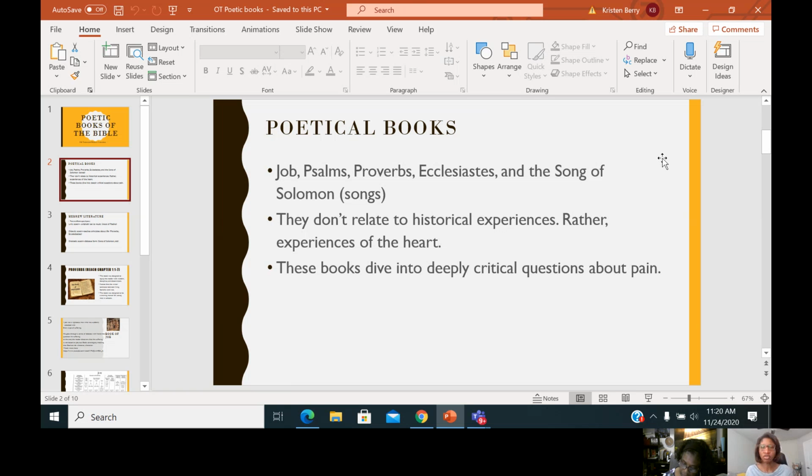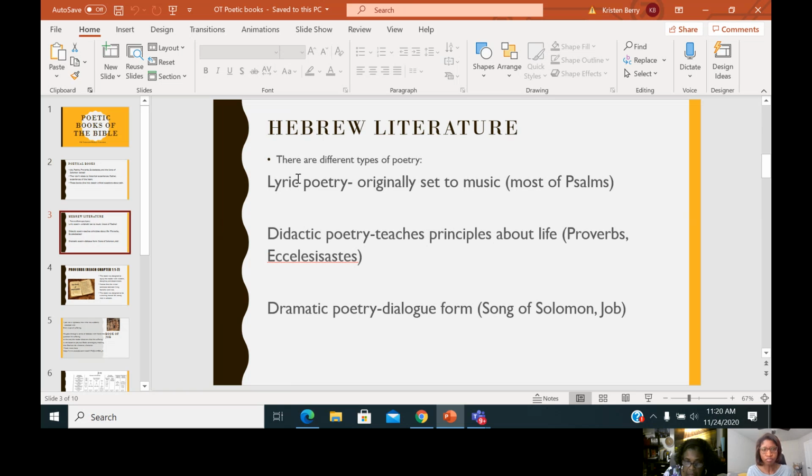But what these books do is they bring to light some of the experiences of the heart and what people were going through. Maybe it was about pain or trusting God. The book of Job talks a lot about pain and what to do. So let's talk a little bit more now.